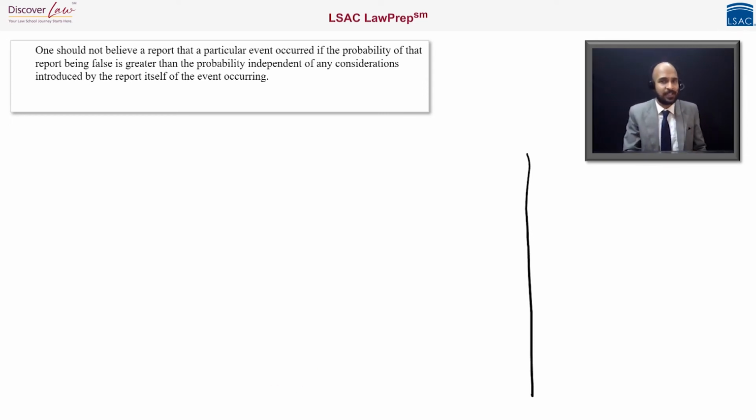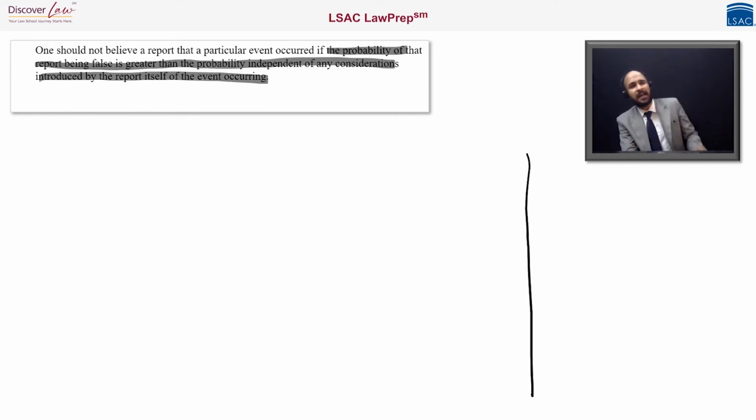If you look at the entire sentence, let me black out some of it so that you can see what you've understood. Let us say I black out this part that looks kind of difficult. Okay, there you go. Have you not been able to understand the first part that says that one should not believe a report that a particular event occurred if blah blah blah blah blah.